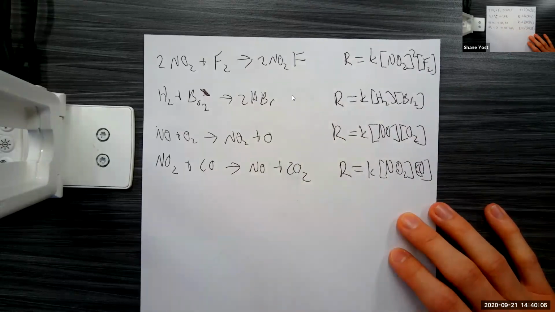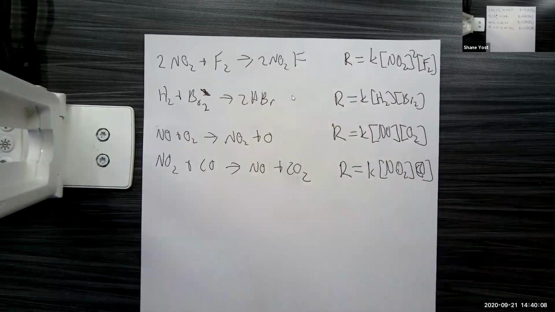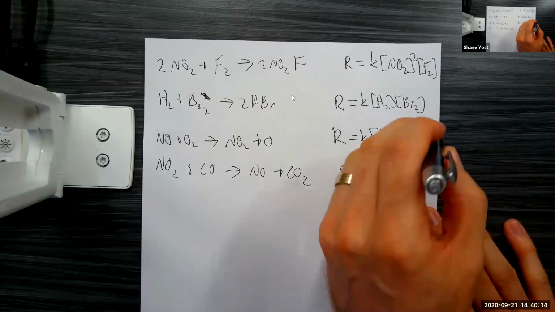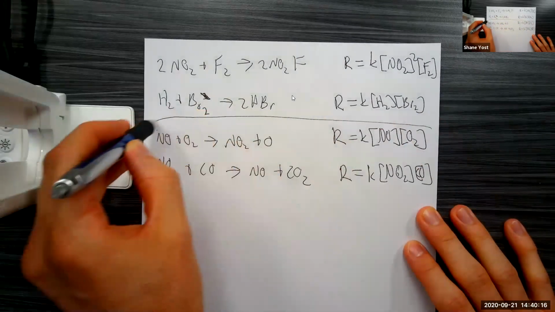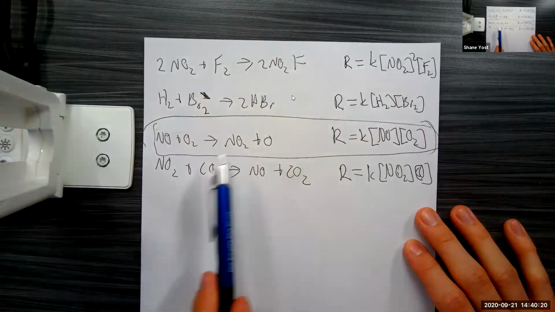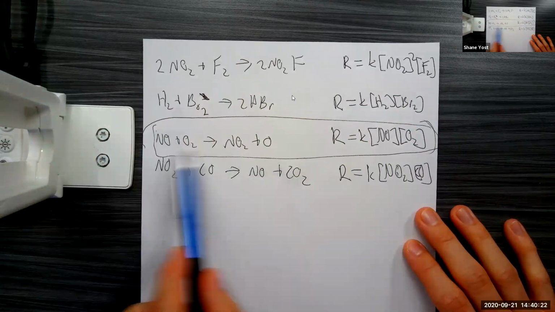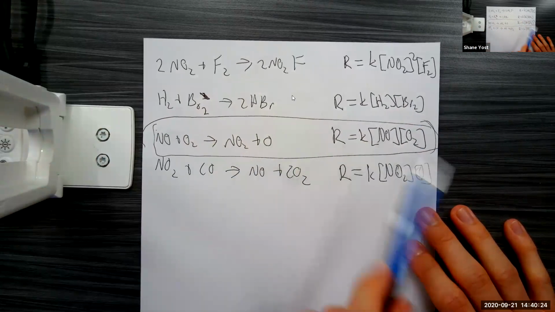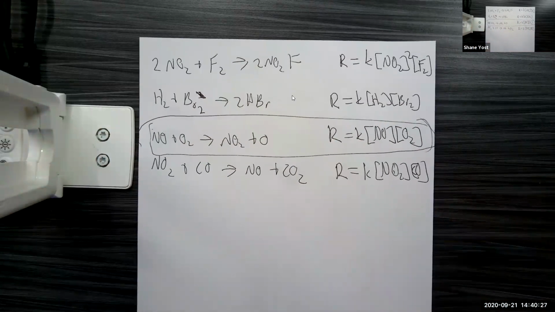And so if you compare these to the ones on the slides that we'll flip back to, you see that only this one, assuming this is an elementary step, has a rate law that agrees with the experimentally determined rate laws given on the slide.